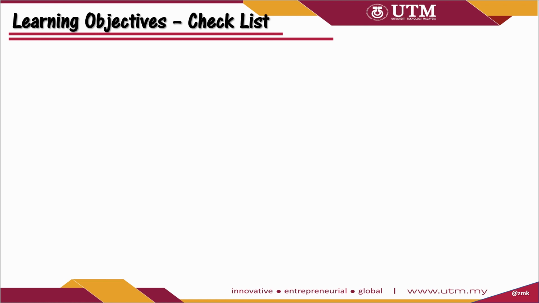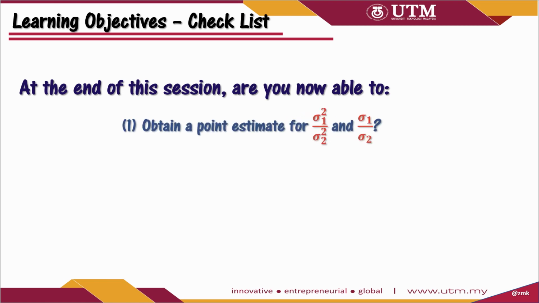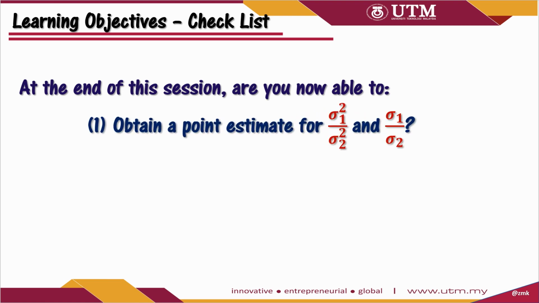After watching this video and learning the techniques on estimating the ratio of two unknown population variances, denoted by sigma 1 squared over sigma 2 squared, and the ratio of two population standard deviations, denoted by sigma 1 over sigma 2, are you now able to obtain or calculate the point estimates for sigma 1 squared over sigma 2 squared and for sigma 1 over sigma 2, which is the first learning objective of this topic?